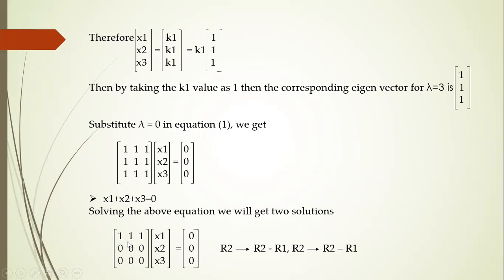The matrix with first row 1, 1, 1 and remaining rows zero times [x1, x2, x3] equals [0, 0, 0], by doing row operations R2 goes to R2 minus R1. Now, moving on to the next slide.